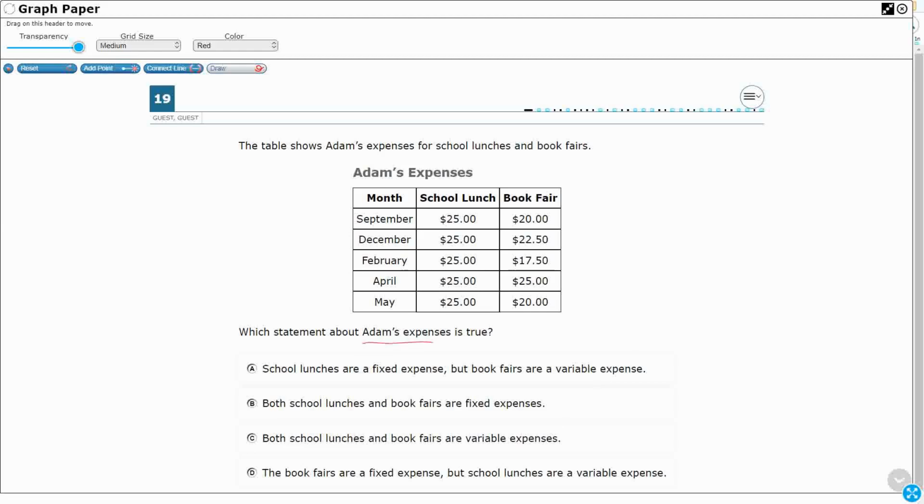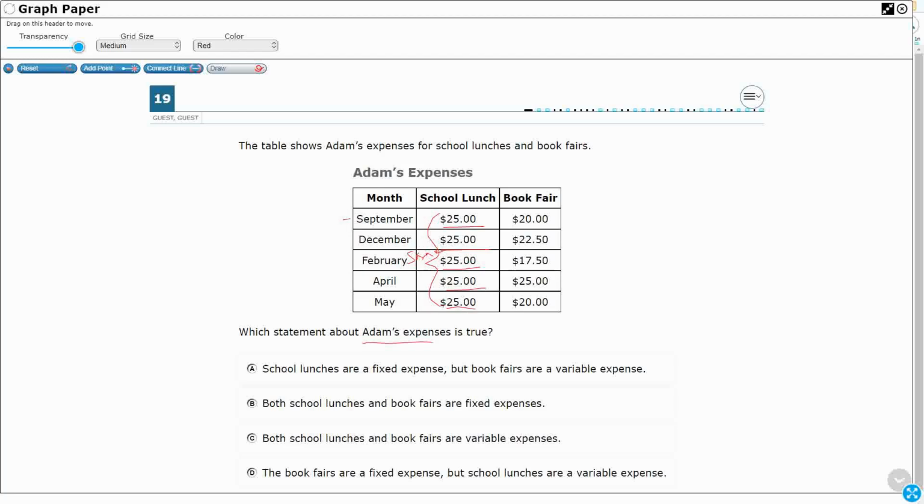Okay, so let's take a look at what we've got. So look, we've got $25 in September, December, February, April, May. So it's not every single month, but you notice how that's all the same, right? Hopefully we're noticing $25 a month for the school lunches.